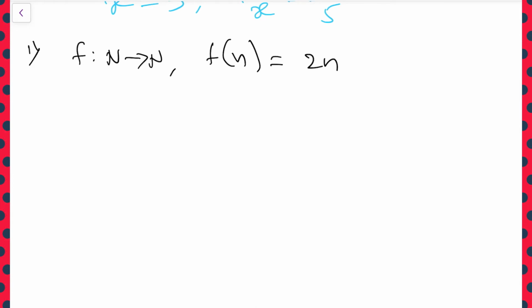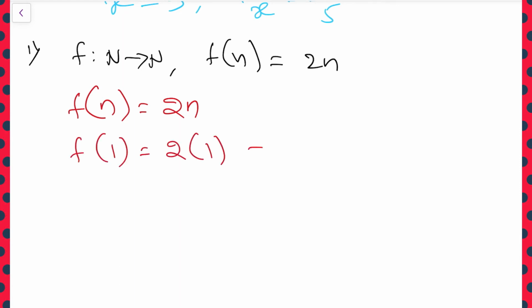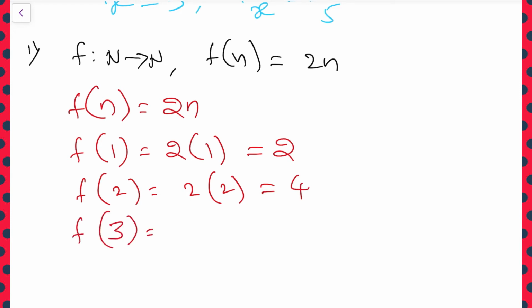Let us check once. F of n is equal to 2n. In the place of n, I will be substituting numbers one by one. F of 1 is equal to 2 into 1, that is nothing but 2. F of 2 is equal to 2 into 2, which is nothing but 4. F of 3 is equal to 2 into 3, which is nothing but 6.